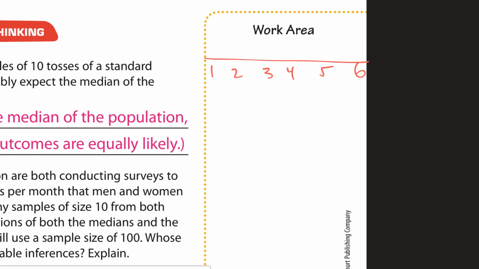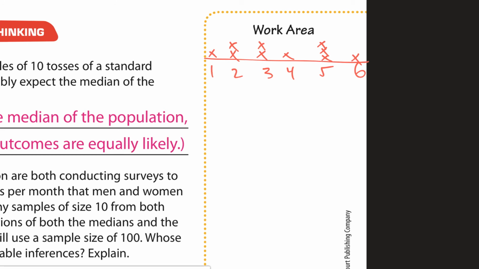Well, everything has an equal chance of getting chosen. So out of 10 tosses, you might get something like this. But what would you expect? All the outcomes are equally likely.